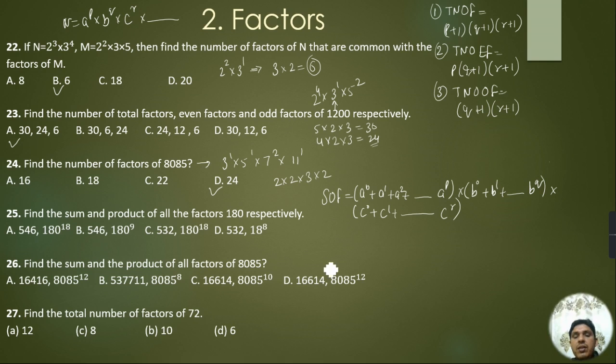And if we find the product of all the factors, this is simply n raised to the power f divided by 2, where f is the total number of factors, right? So students, by using this formula you can find the answers of questions 25, 26 and 27.